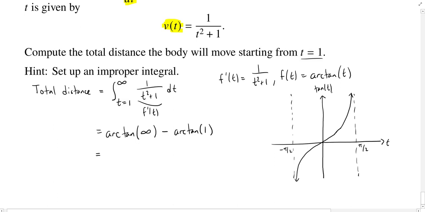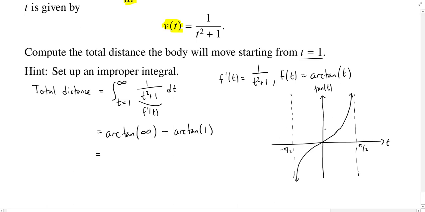What we see is that as the input t approaches pi over 2, the value of tangent of t goes to infinity. For the arctangent, you read the graph backward. The inputs come along the y-axis, and the outputs come along the x-axis.